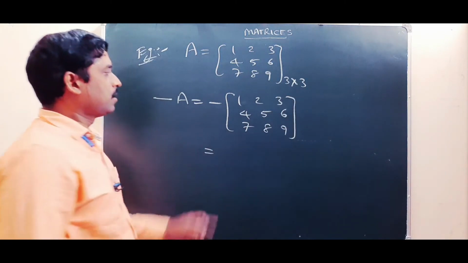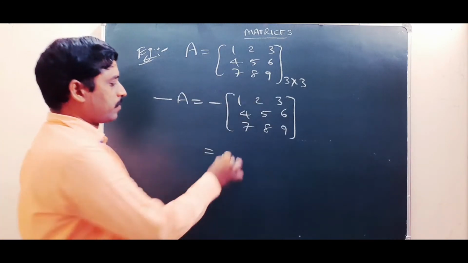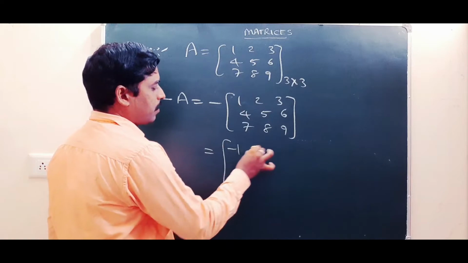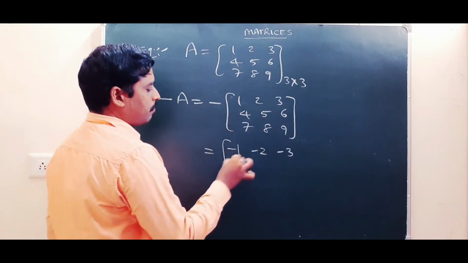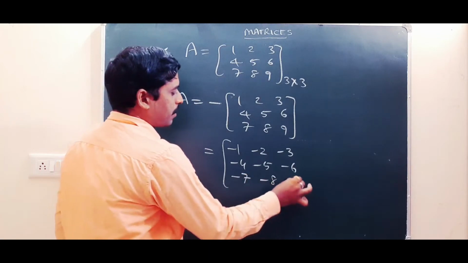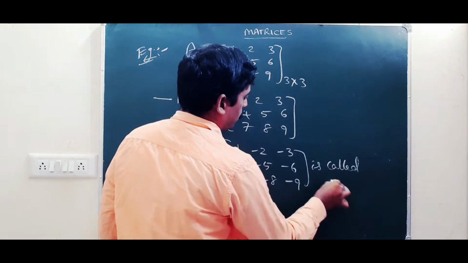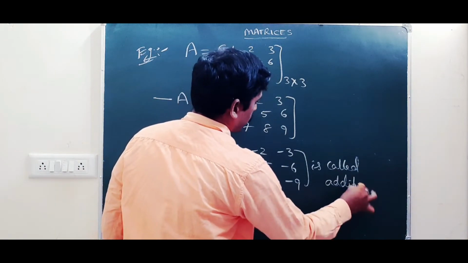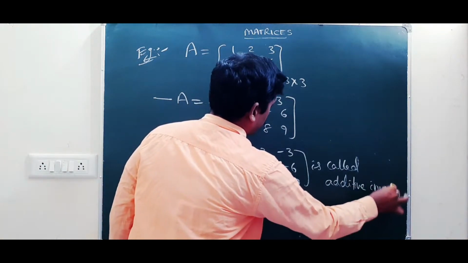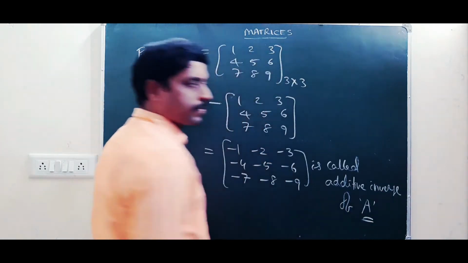This is nothing but multiplying every element of the matrix by minus 1, so it will be minus 1, minus 2, minus 3, minus 4, minus 5, minus 6, minus 7, minus 8, minus 9, called the additive inverse of the given matrix A.